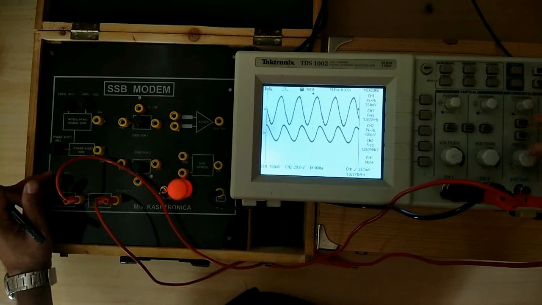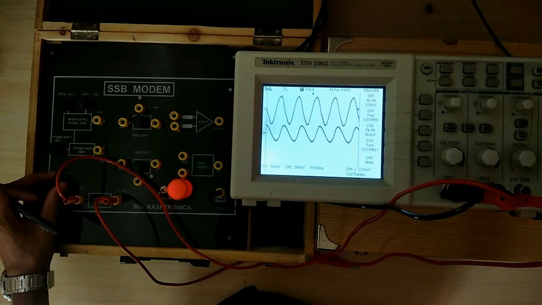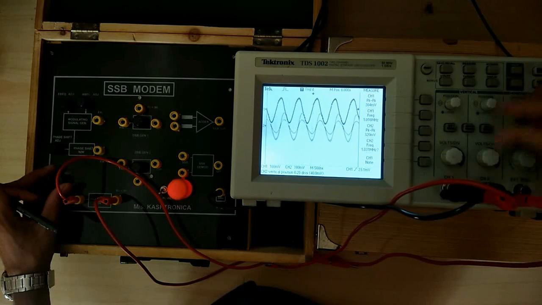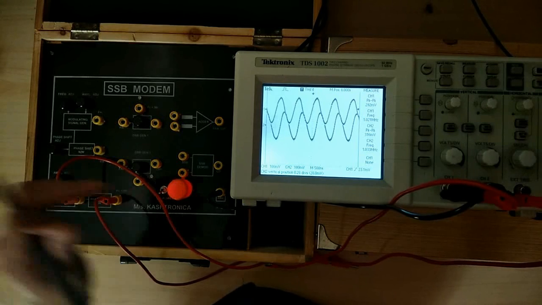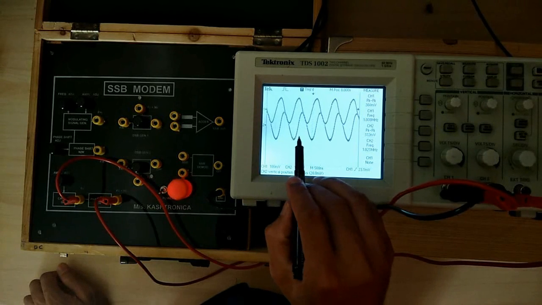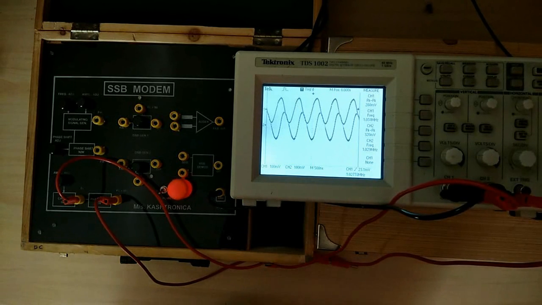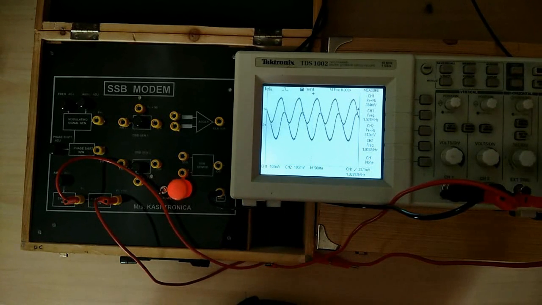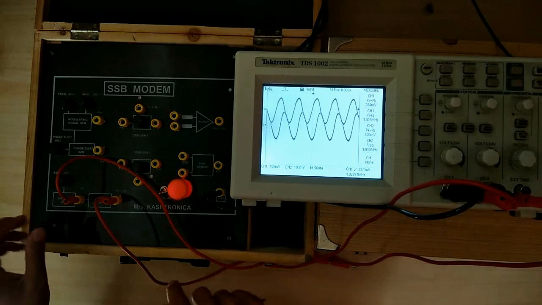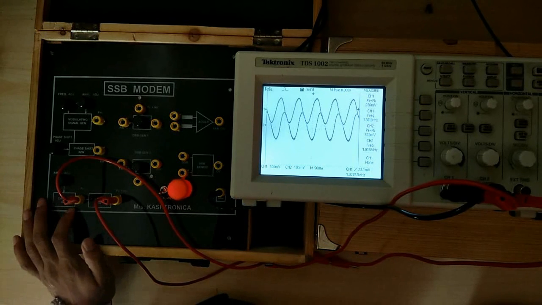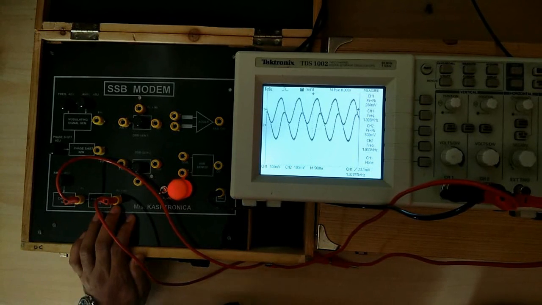This is my carrier signal, and you see this is the minus 90 degree phase shifted version of the original signal. So now we have set the message signal, the minus 90 degree shifted message signal, the carrier signal, and the minus 90 degree shifted carrier signal.